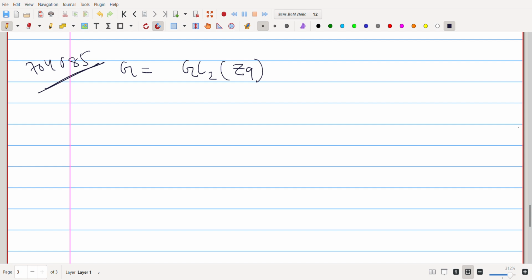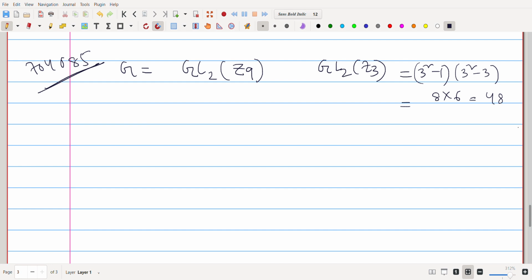Hence we can take GL2(Z3) as a subgroup inside GL2(Z9). What is the cardinality of GL2(Z3)? That is (3 squared minus 1) times (3 squared minus 3), which is 8 into 6, 48.